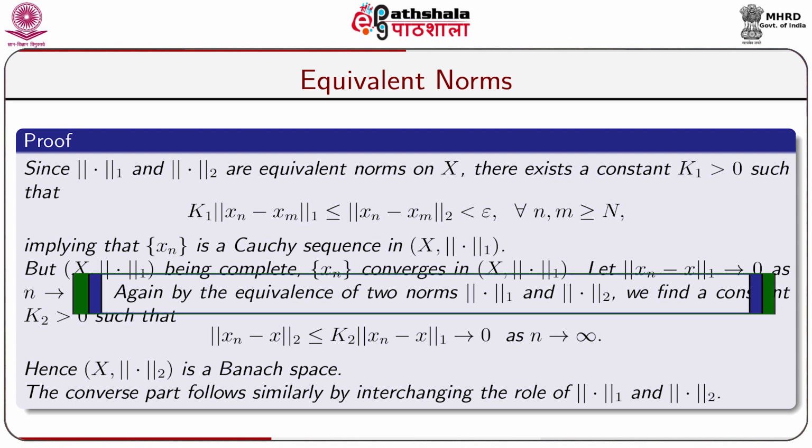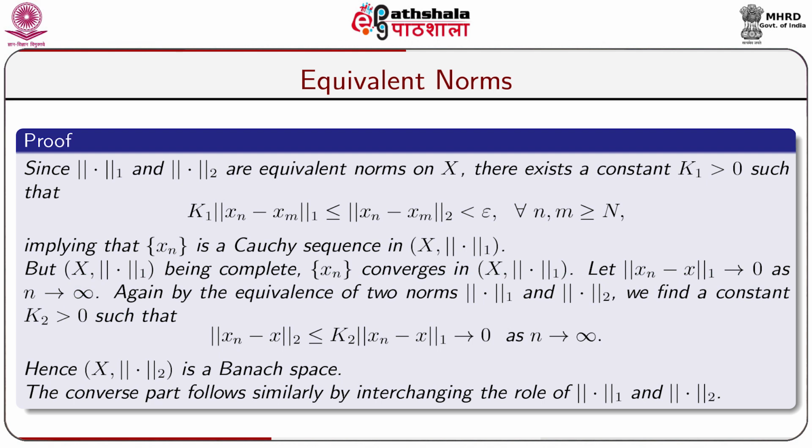Again, by equivalence of the two norms, norm 1 and norm 2, we find a constant k2 greater than 0 such that norm of xn minus x under the norm 2 is less or equal to k2 into norm of xn minus x under norm 1, which goes to 0 as n tends to infinity. Hence, X is a Banach space under the norm 2. The converse part follows similarly by interchanging the roles of norm 1 and norm 2.